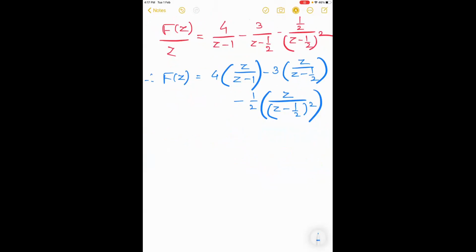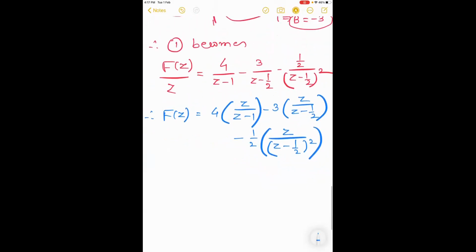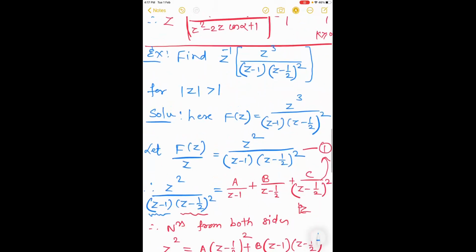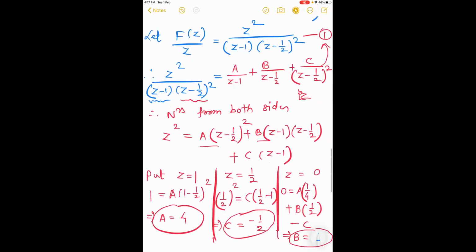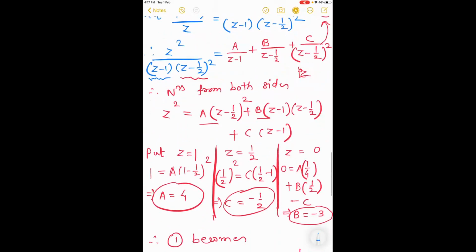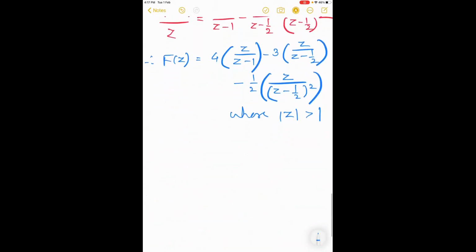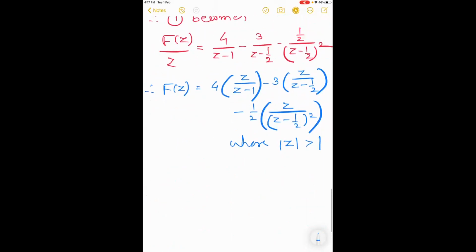This is Z minus half square, and the region of convergence given for this problem is modulus of Z greater than 1, where mod Z is greater than 1. This is given to you. Now, we have to consider inverses on both sides.